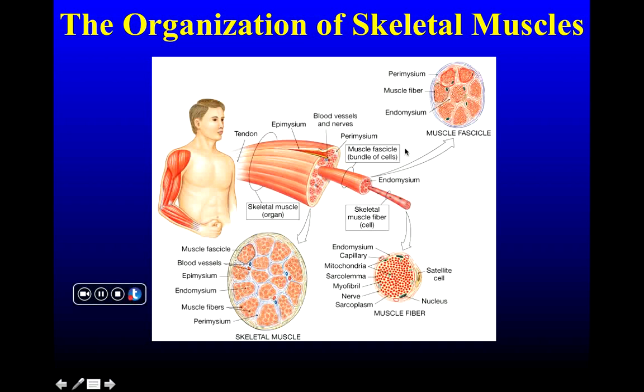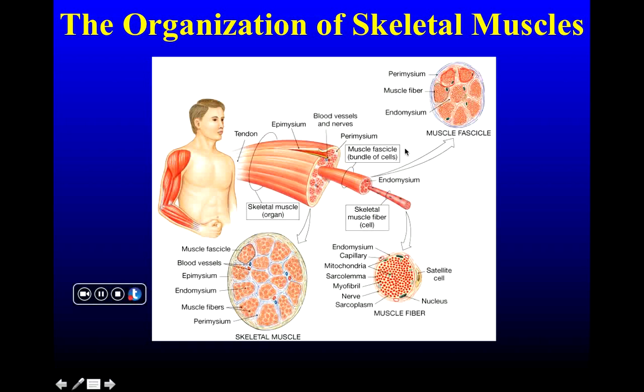So let's take a second and see how you do with this. Okay. A group of muscle cells makes a blank. The answer is a fascicle.